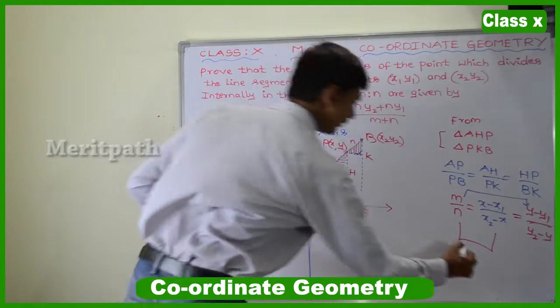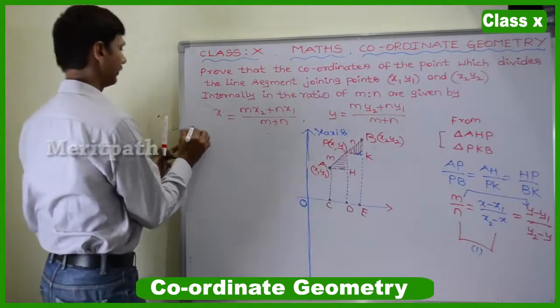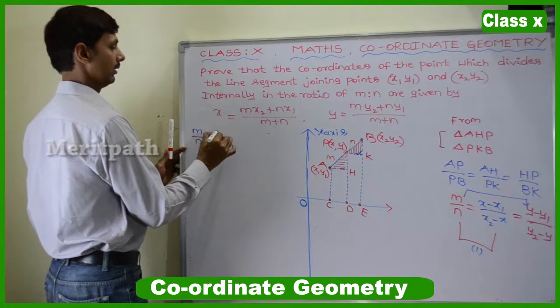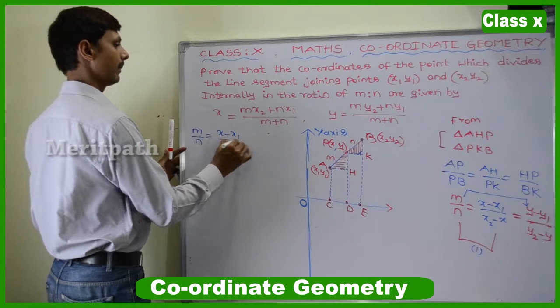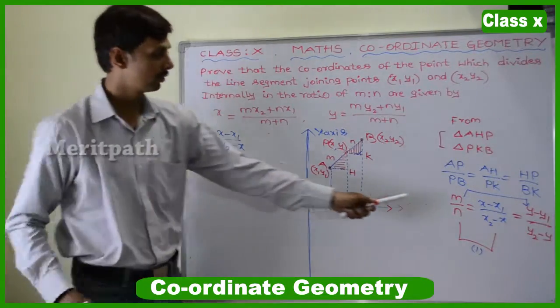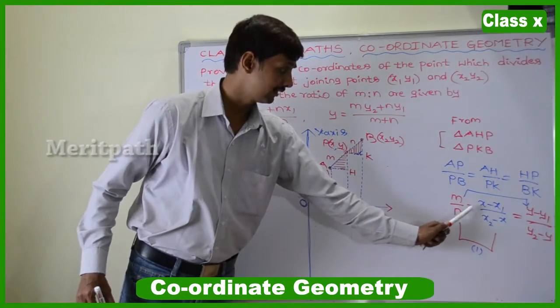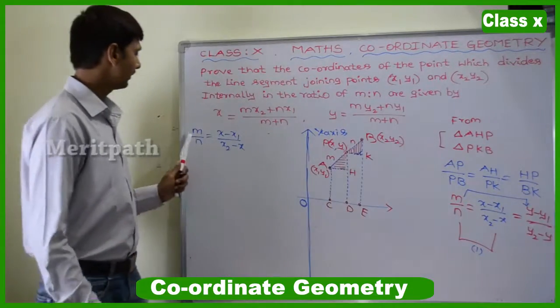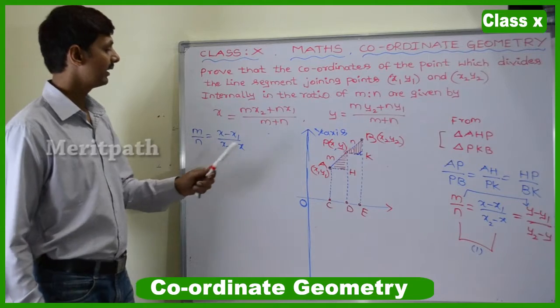First let us take this value: m by n is equal to x minus x1 by x2 minus x.